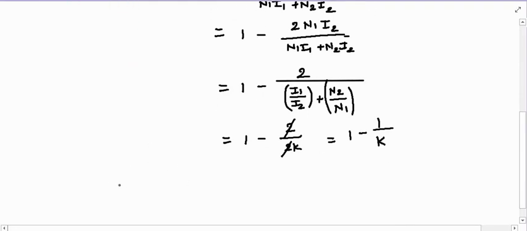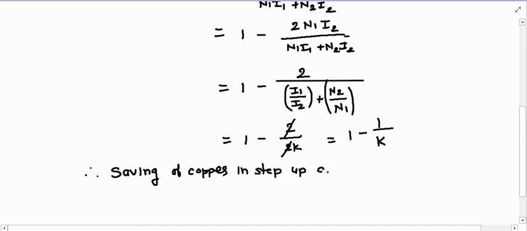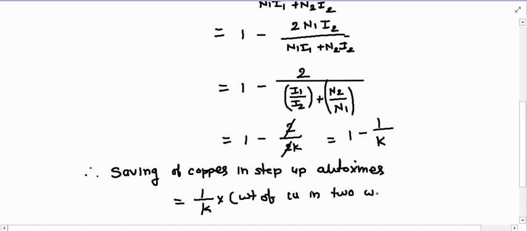So similar to the previous case, I can write down saving of copper in step-up auto transformer equals 1 upon K into weight of copper in two winding transformer.